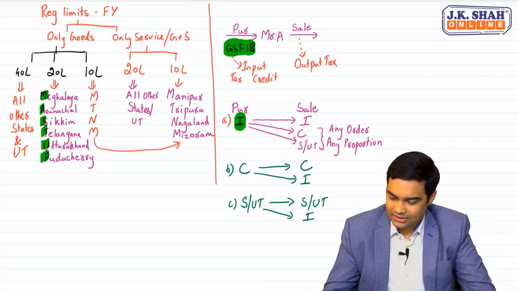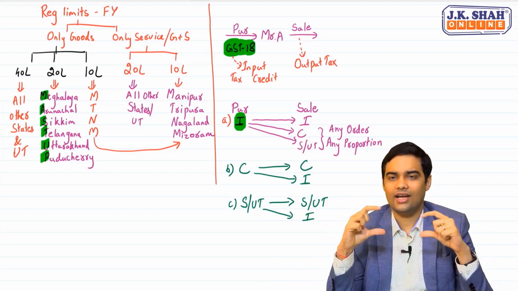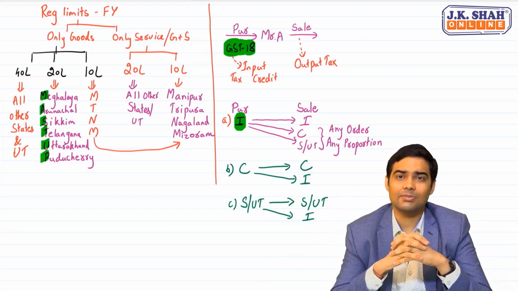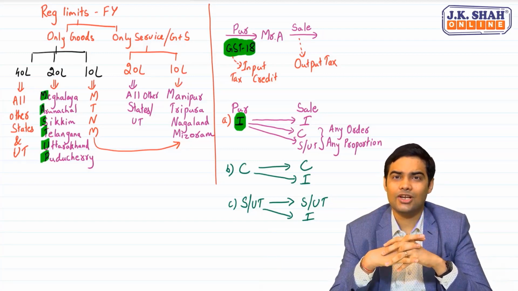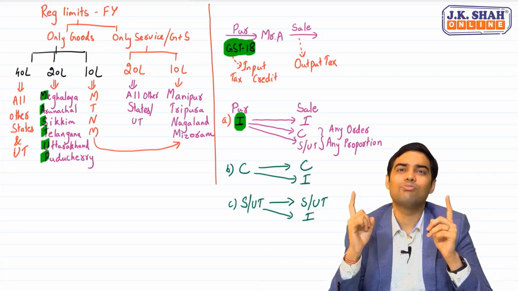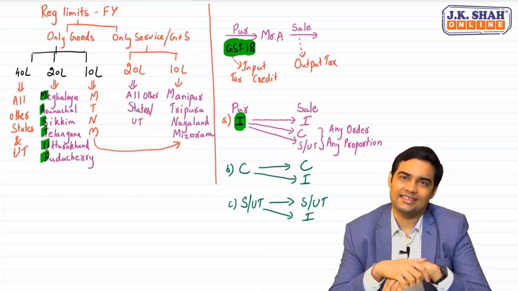So remember, first you derive the output tax, then you derive the input tax, then you start calculating tax payable or excess credit. When you are calculating tax payable or excess credit, first utilize IGST completely before using CGST and SGST.